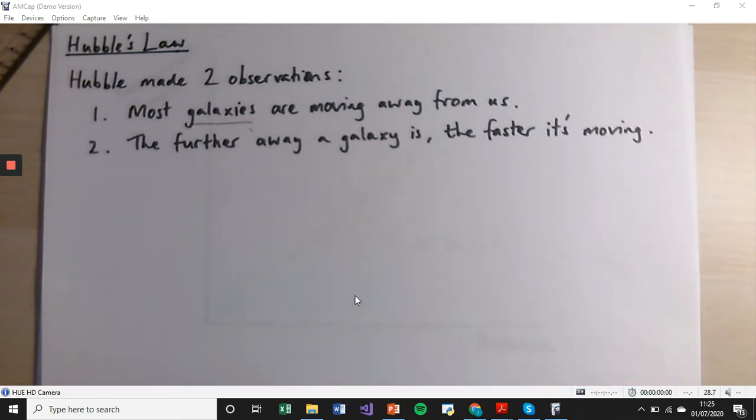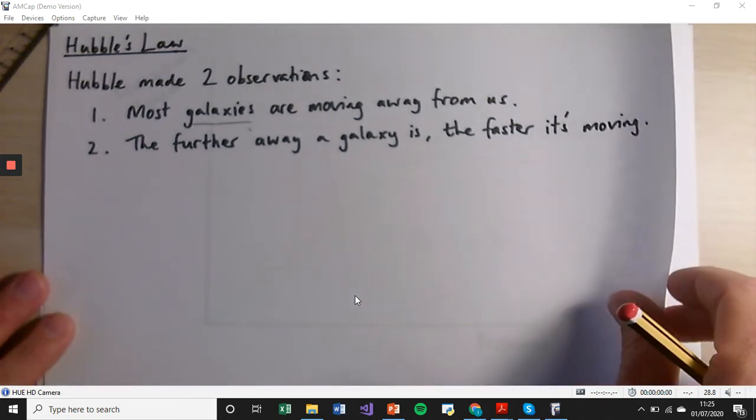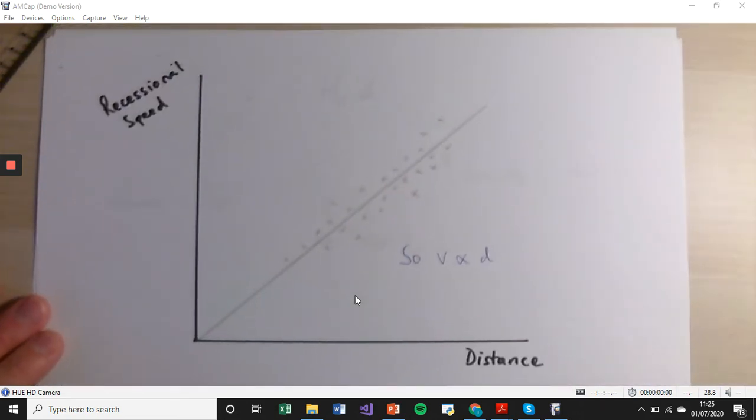It appears to be a distant galaxy. What he like always did is he drew a graph.